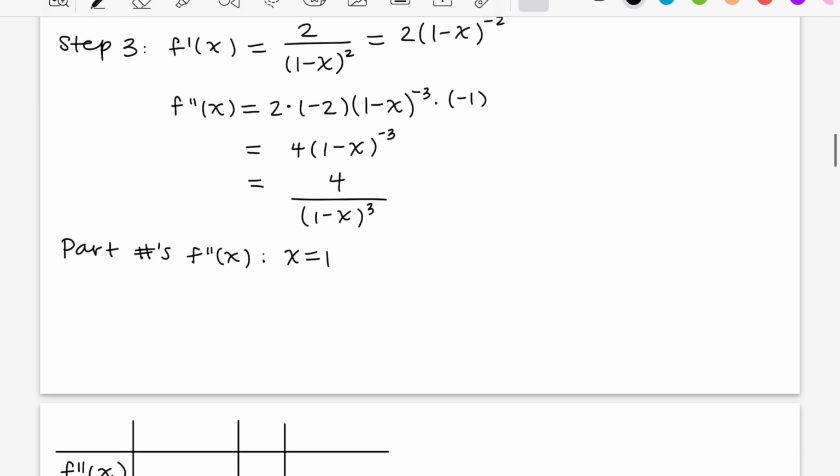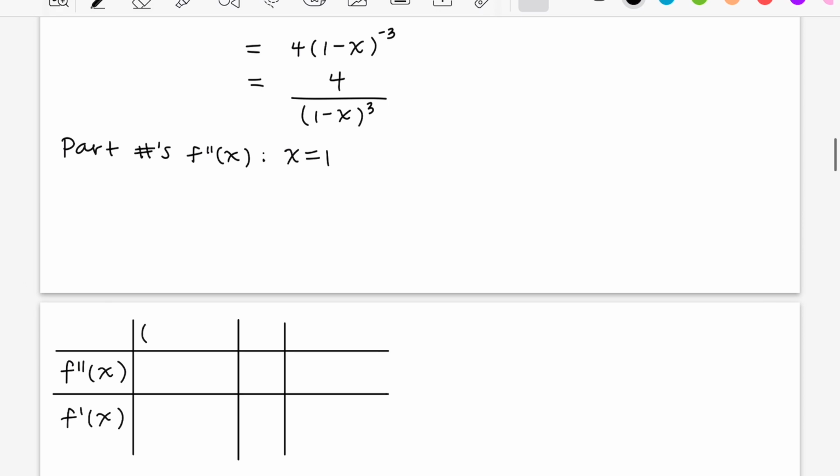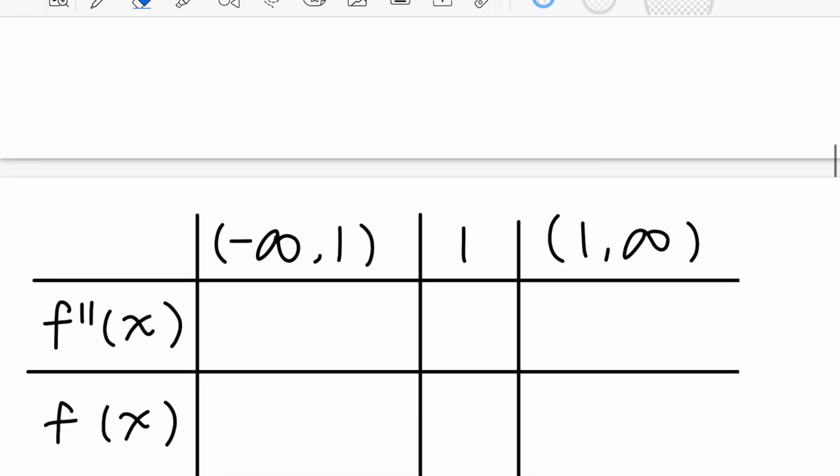Alright, so we want to construct a sign chart for our second derivative, breaking our domain up into these intervals here. So we want to evaluate the sign of our second derivative, because the sign of this will tell us if our function is going to be concave up or concave down.